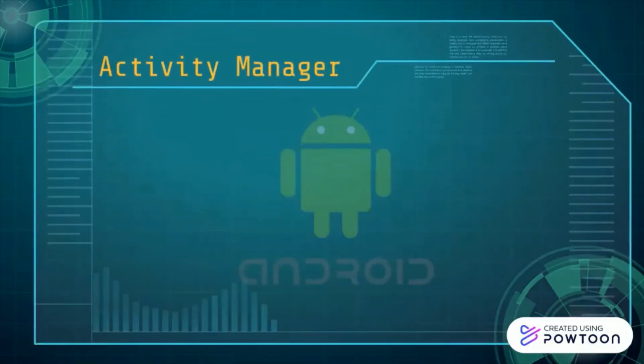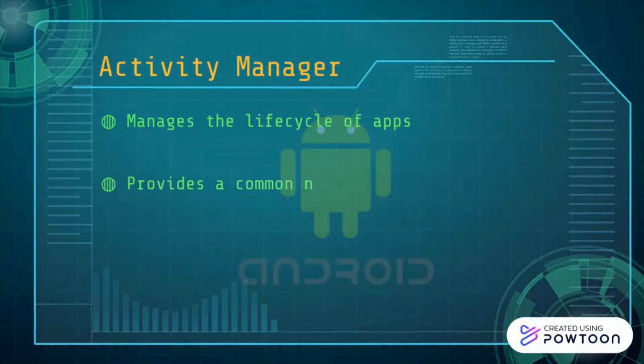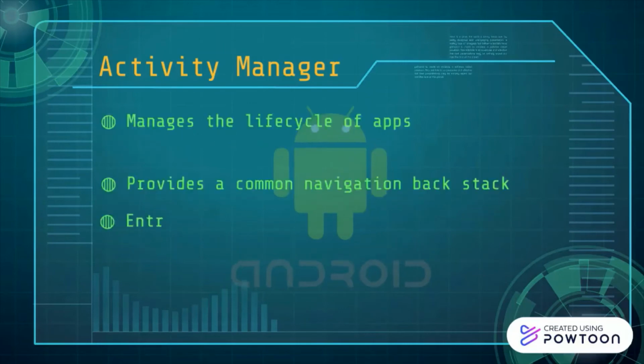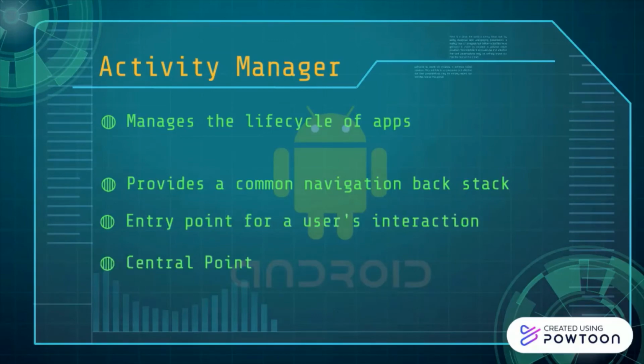Activity Manager. An activity manager manages the life cycle of apps and provides a common navigation back stack. Activities are one of the fundamental building blocks of apps on the Android platform. They serve as the entry point for a user interaction with an app and are also central to how a user navigates within an app with the back button or between apps with the recent button.